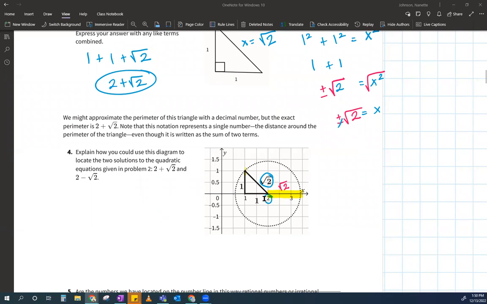Same thing goes for minus root 2. We would end at this circle. The circle right here is making sure that you know how long root 2 is. So this point right here is 2 plus root 2. Okay. Where would 2 minus root 2 be? And this is where we'll end for today.